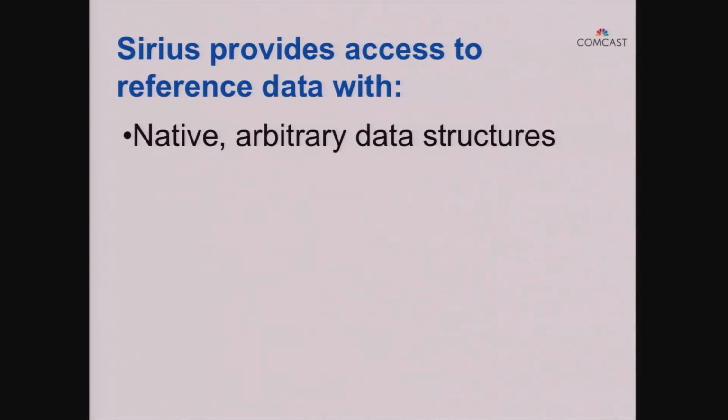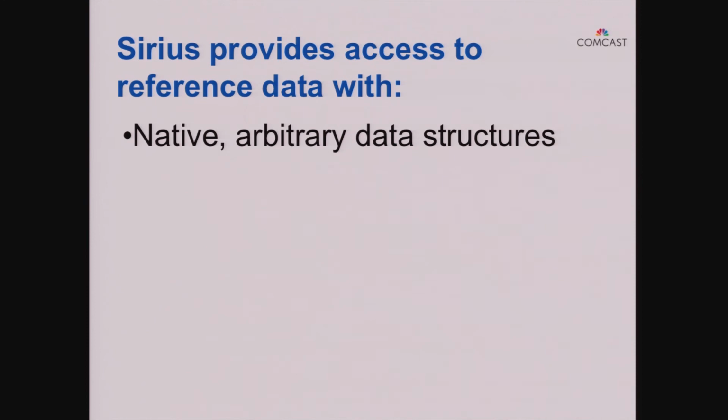The first one is, from an application developer point of view, I get to use native arbitrary data structures that I control that are suitable to the use case that I have for my data. If I need a doubly linked, crazy circular linked list data structure because that's the appropriate data structure, I can have one.